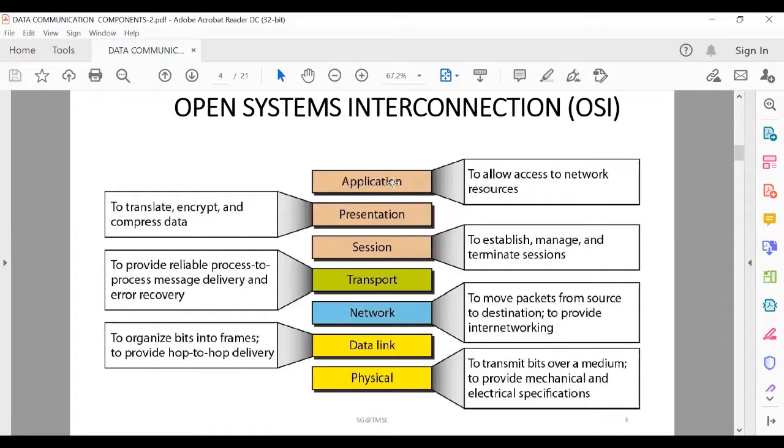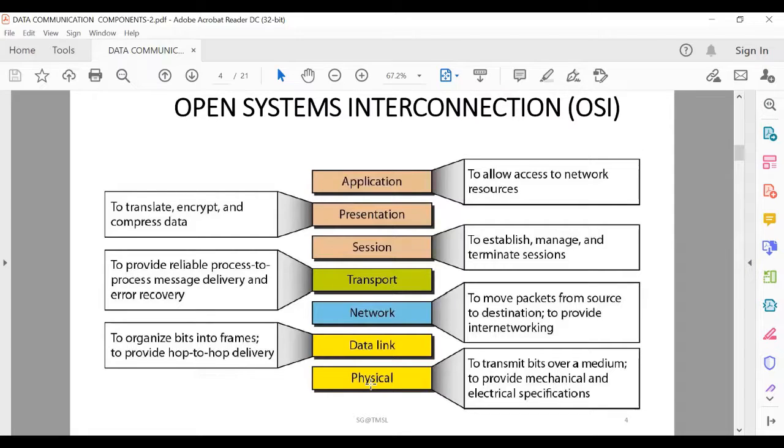The lower layers of the OSI model deal with data transport issues, like the data link layer and physical layer. These are implemented in hardware as well as software, and the physical layer is the lowest layer of the OSI model and is closest to the physical medium.